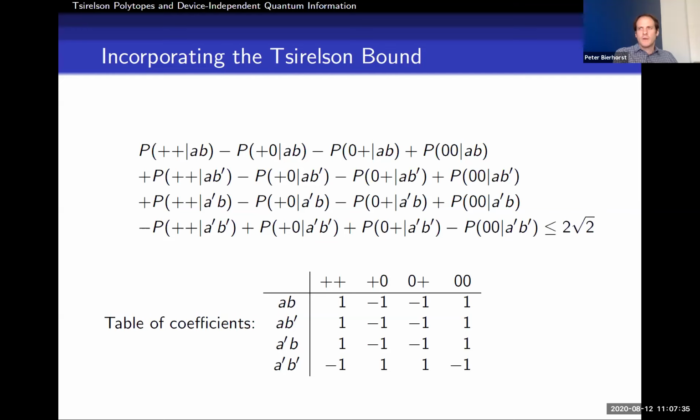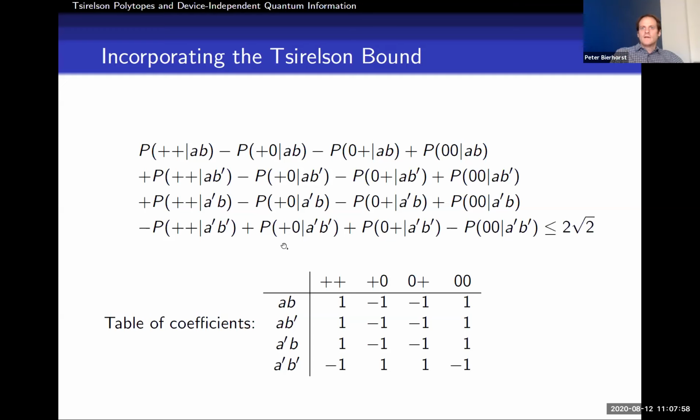This was discovered by Tsirelson around 1980. And the Tsirelson inequality is just a linear combination of these probabilities. And it says that that linear combination of these probabilities has to be less than or equal to 2 square root 2. And now, remember, we're in this big space R16.